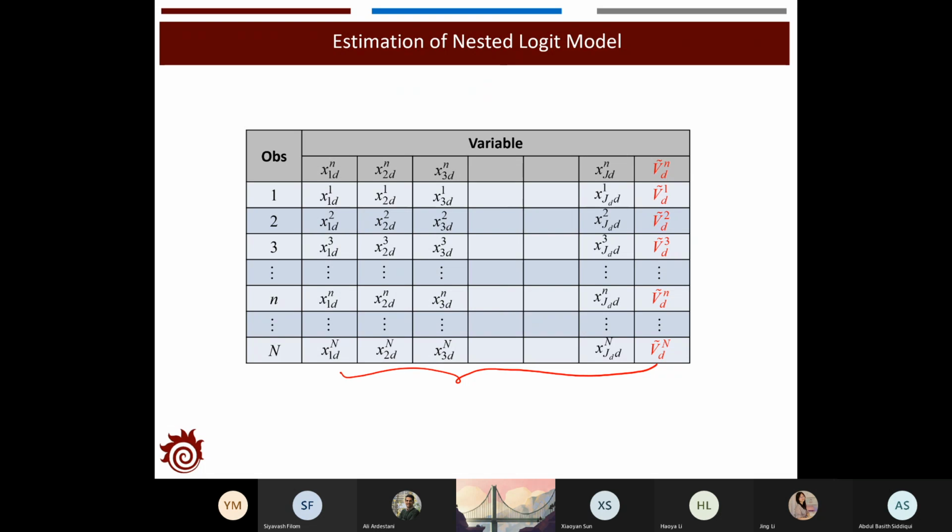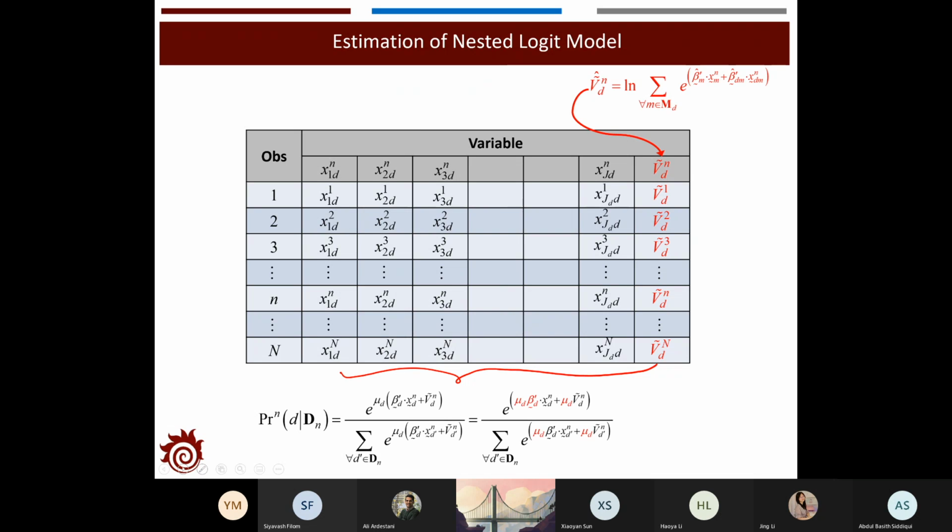So that's how the estimation is conducted, and it will be relatively complicated. So you just need to know how it's working, and it's not necessary for you to manage the details.